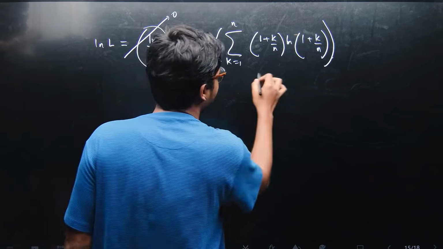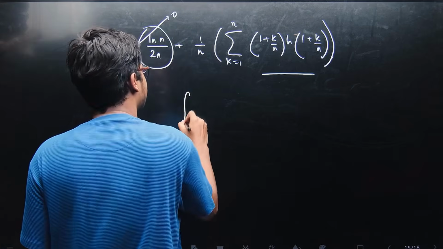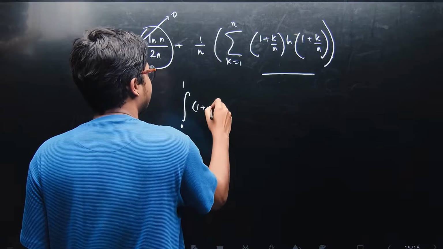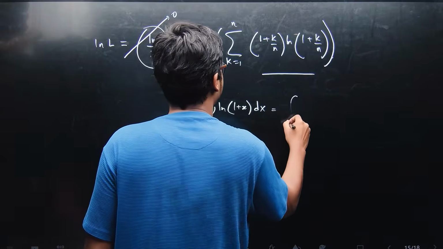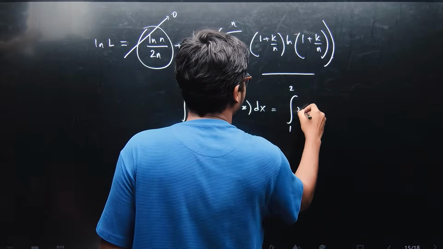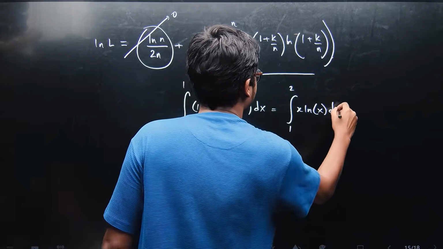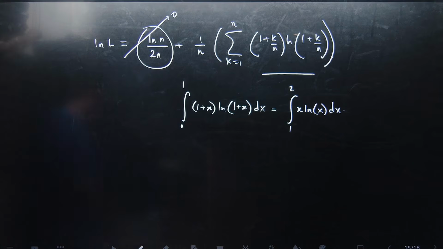This second limit just turns into the integral 0 to 1, 1 plus x, ln 1 plus x, right? dx, which is nothing but the integral 1 to 2 x ln x dx, right? Now this is a standard integral, you all know the value. This will just turn out to be what? So this should turn out to be, if I evaluate this using by parts, what will I get?